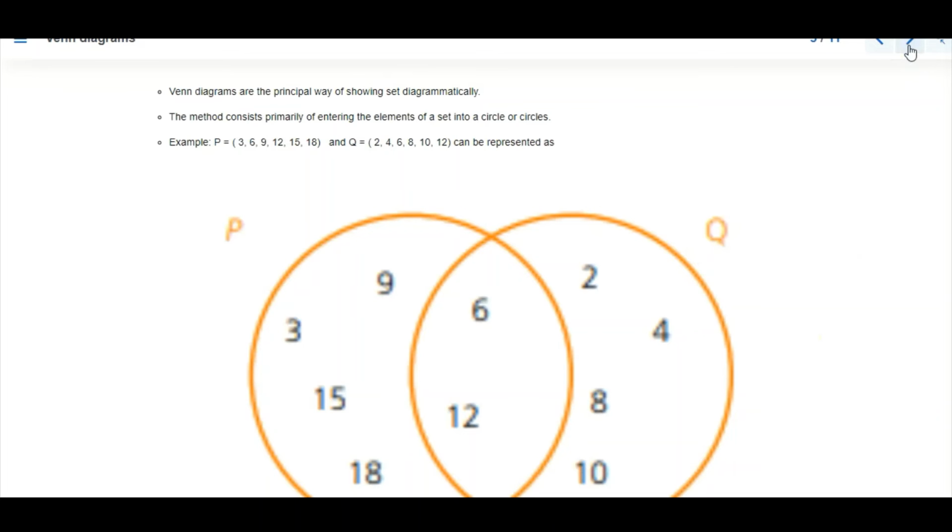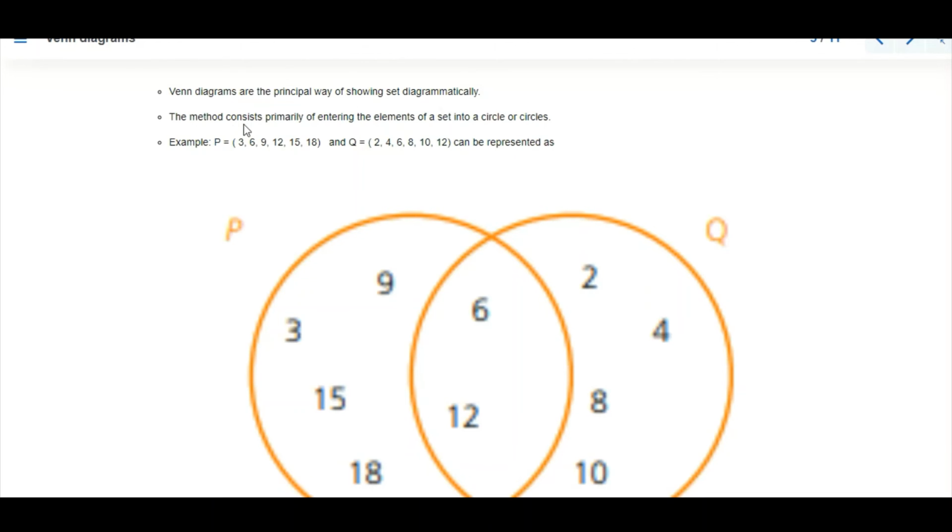This is how Venn diagrams look. It is a diagram that is represented in a picture. Now let's look at what we have. Venn diagrams are the principal way of showing sets diagrammatically.